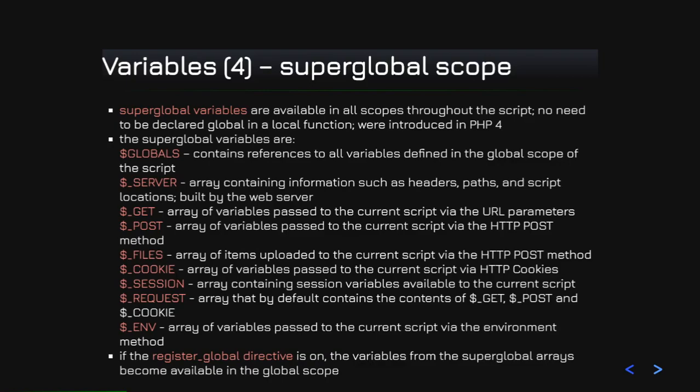_COOKIE is a superglobal array of variables that support web sessions, and you will see more on this later on today. Then _SESSION is also an array variable, containing session variables available to the current script. So _COOKIE and _SESSION refer to web sessions.